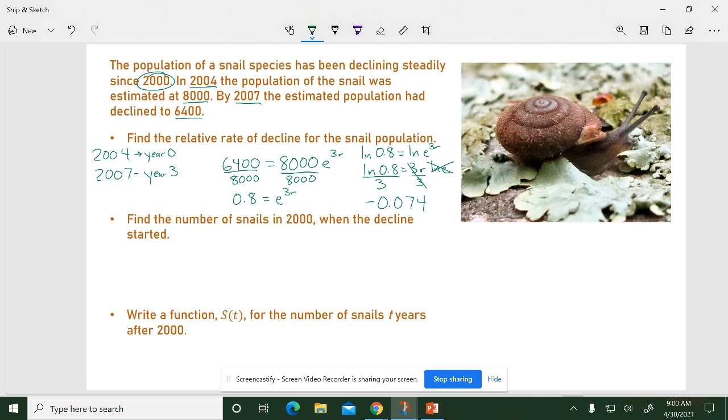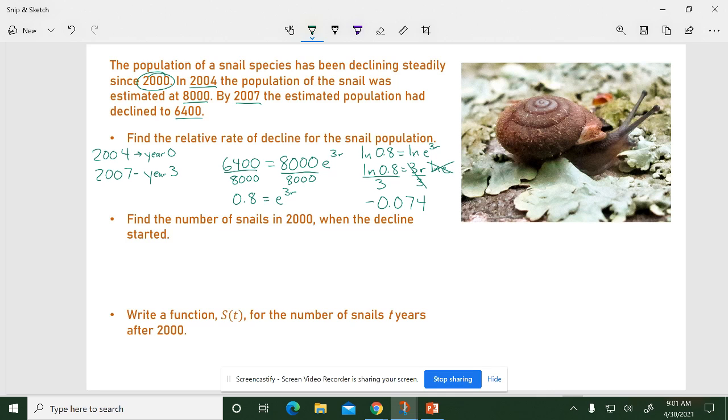Keep in mind these are exponents. So a negative exponent is not going to mean negative snails. What it means is that what the snail population is getting multiplied by is a number less than 1. So that's going to make the total number of snails go down.